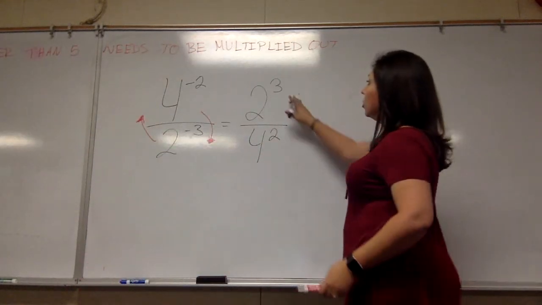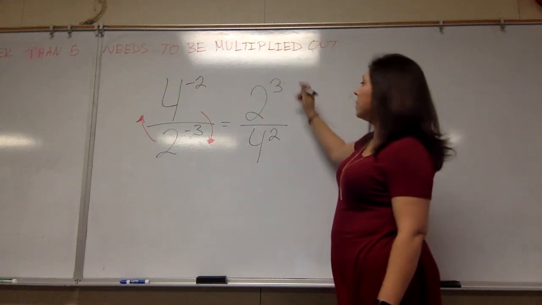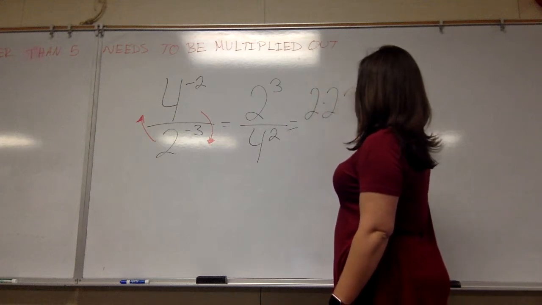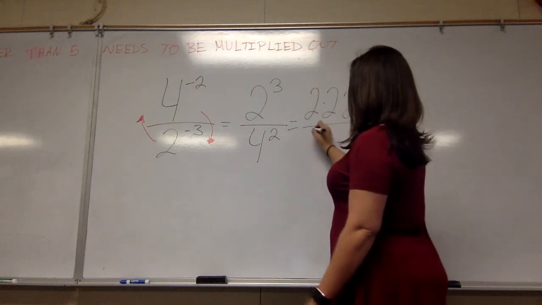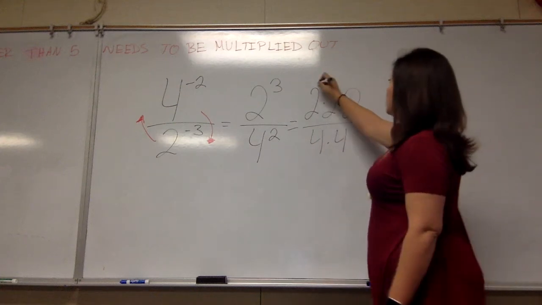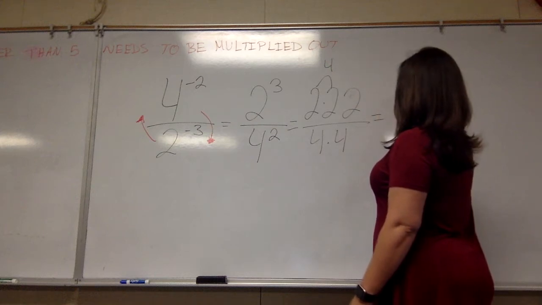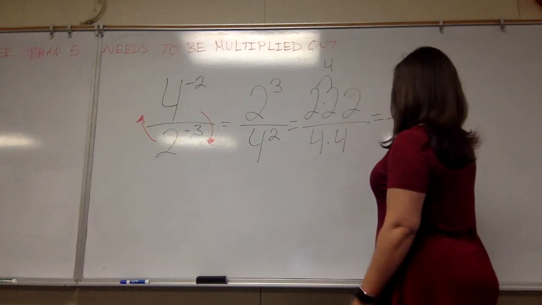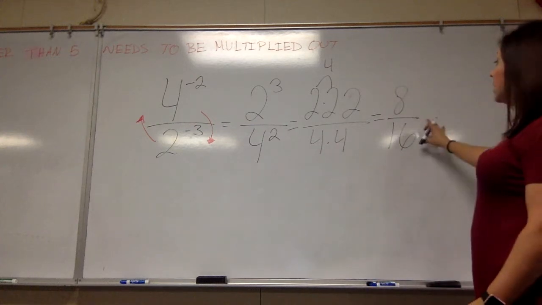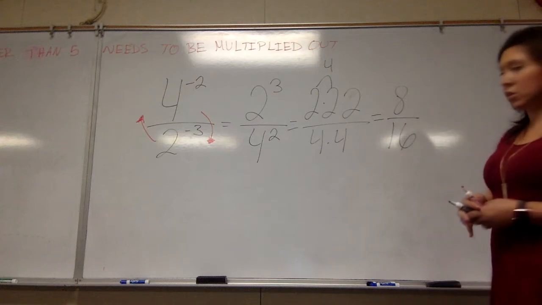And look at your exponents. I have a 3 and I have a 2. That is smaller than 5. So we're going to multiply it out. So 1, 2, 3 over 4 times 4. 2 times 2 is 4. Times this 2 gives me an 8. 4 times 4 gives me a 16. Now, at this stage, we need to see if we can divide something or if something goes into both.